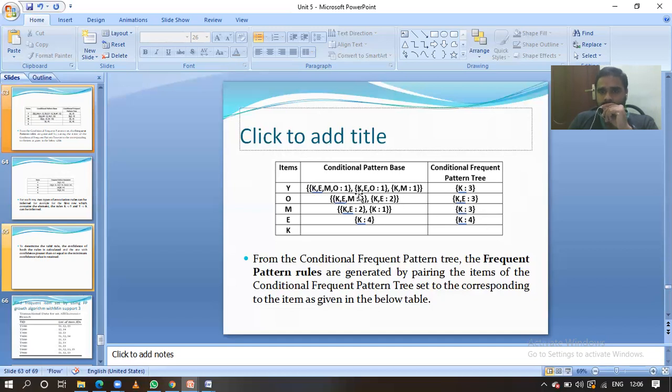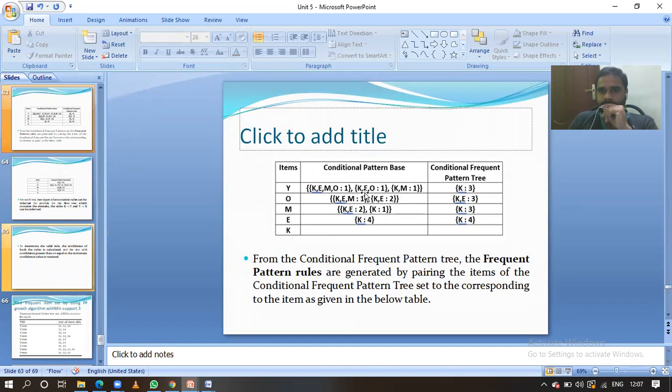How to write it? Just observe, guys, simple. Till now we found the conditional pattern base, right? From that, to write the frequent pattern tree, look at how many times K is observed. 3 times here. K is repeated 3 times, so we write it down.